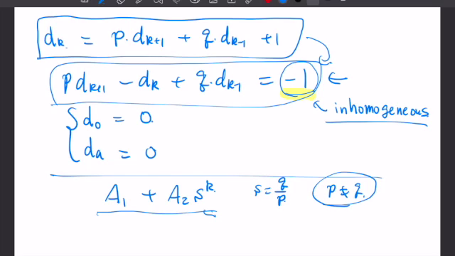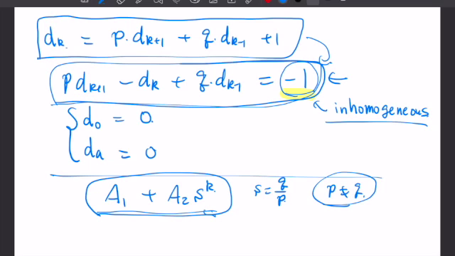So that's the general strategy of finding the solution. We already know the general solution for the homogeneous case, so what is the particular solution for this inhomogeneous equation?